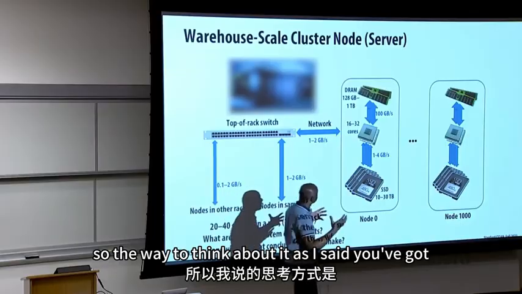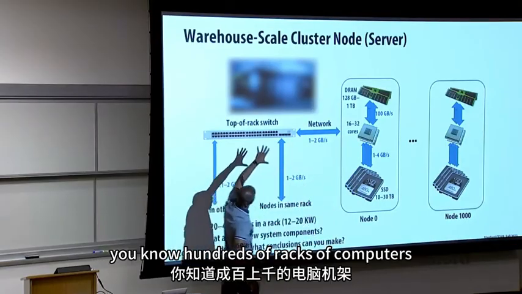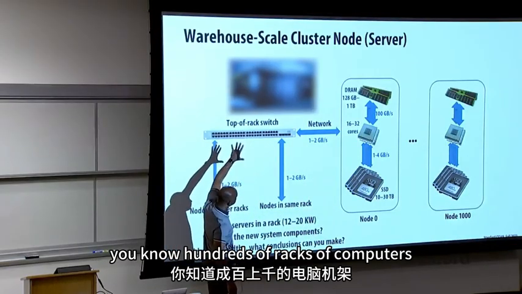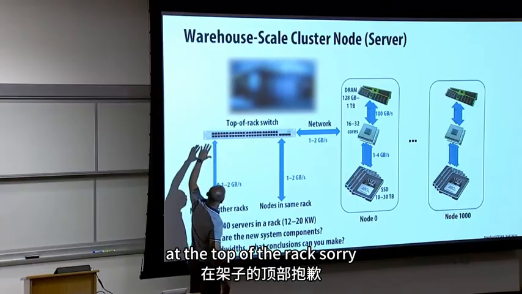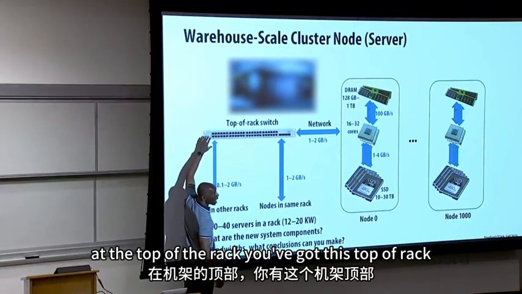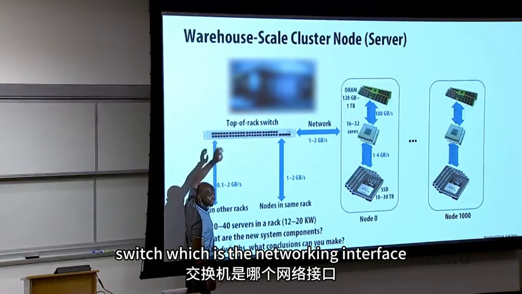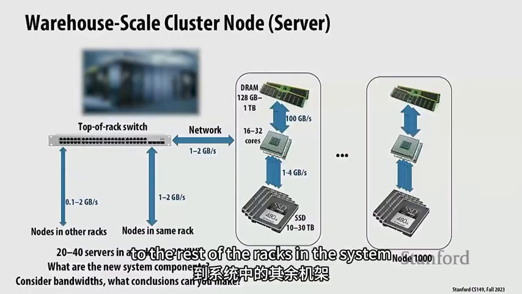The way to think about it, as I said, you've got hundreds of racks of computers, and each of the racks is organized in the following way. At the top of the rack, you've got a top of rack switch, which is the networking interface to the rest of the racks in the system.